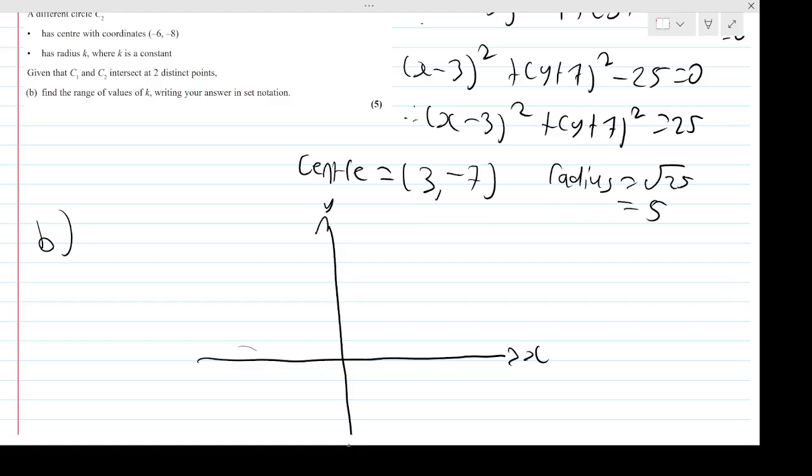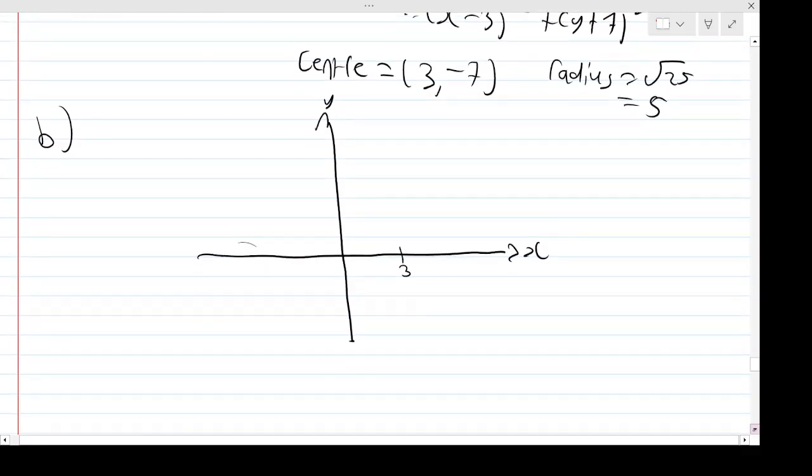So the centre is at 3, minus 7. So 3 is there, minus 7 would be, if we continue this on down here, probably about there somewhere. Cool. And again, if it has a radius of 5, well, firstly, we have to go up by 5. So from minus 7, it would go to minus 2 there, okay? So that's 1 point.